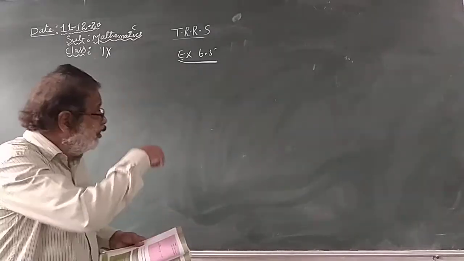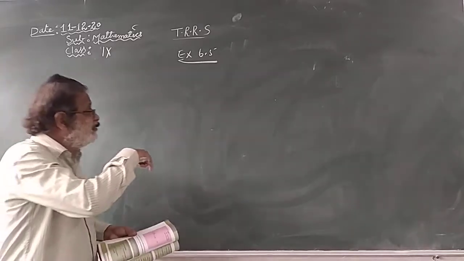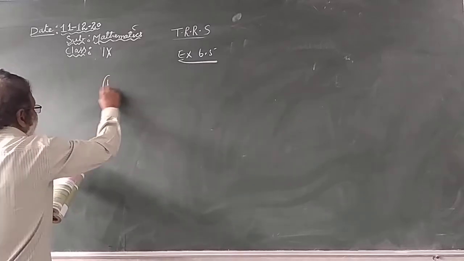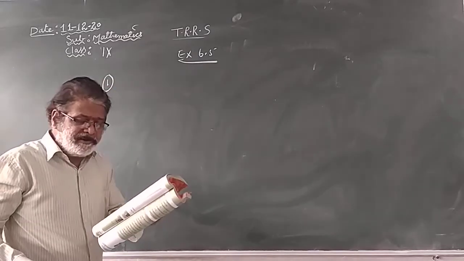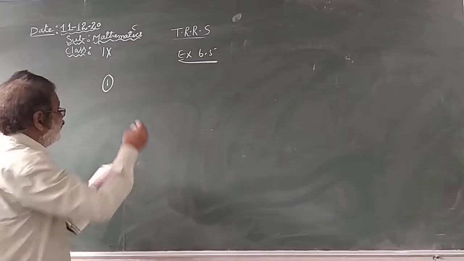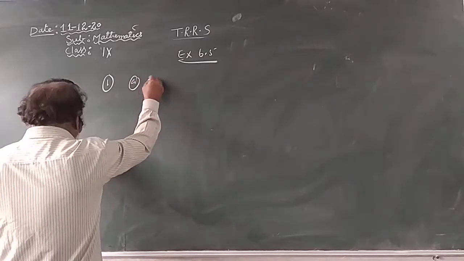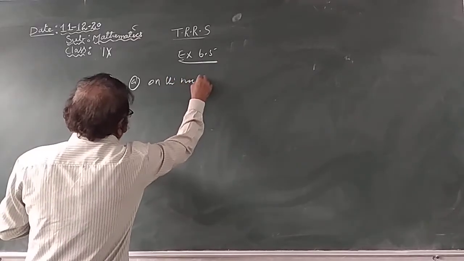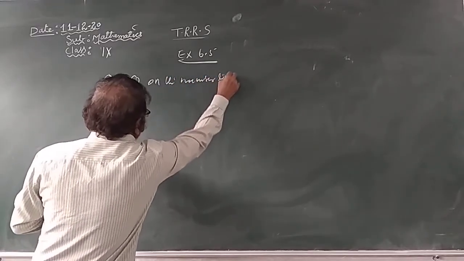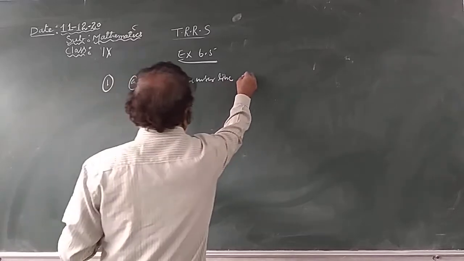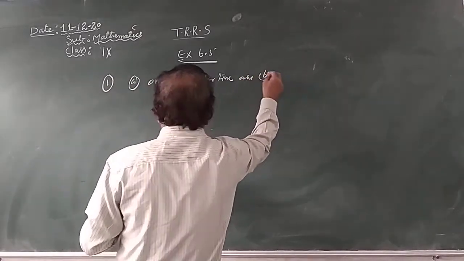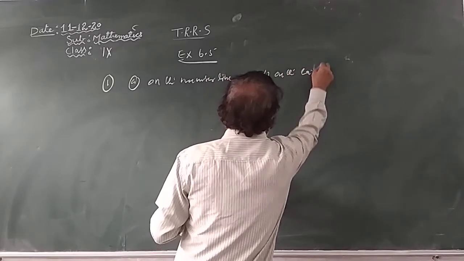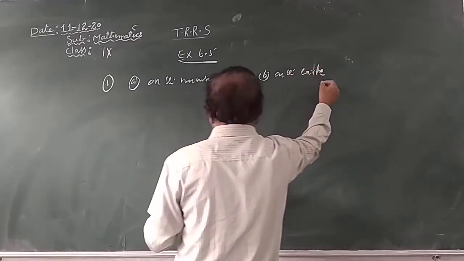Now exercise 6.5, the first question is: give the graphical representation of the following equation, A on the number line and B on the Cartesian plane.